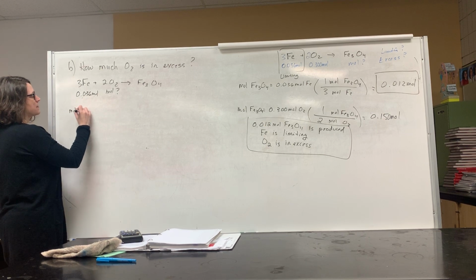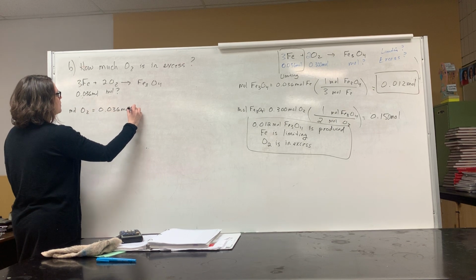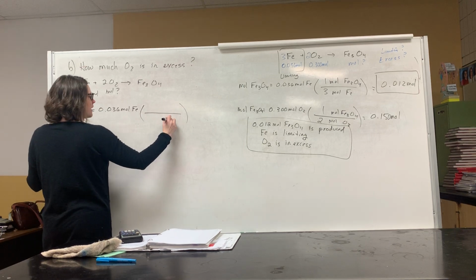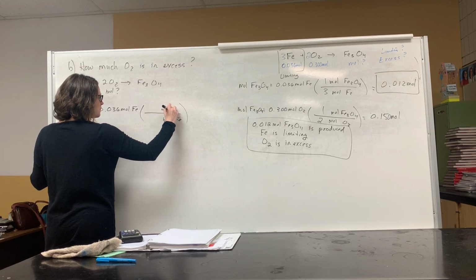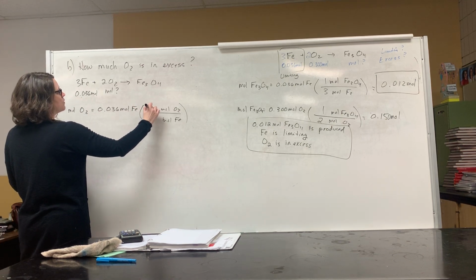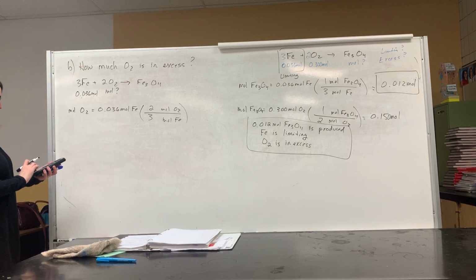So let's set up our DA. Moles of O2 equals 0.036 moles of iron. Moles of iron on the bottom, moles of O2 on the top. And we've got 2 to 3, which came from our balanced chemical equation. 0.036 times 2 divided by 3.